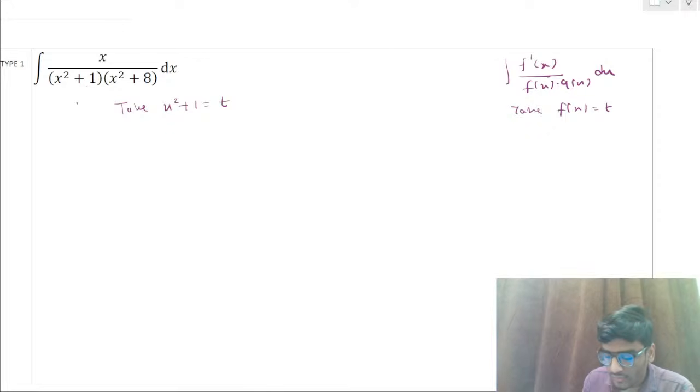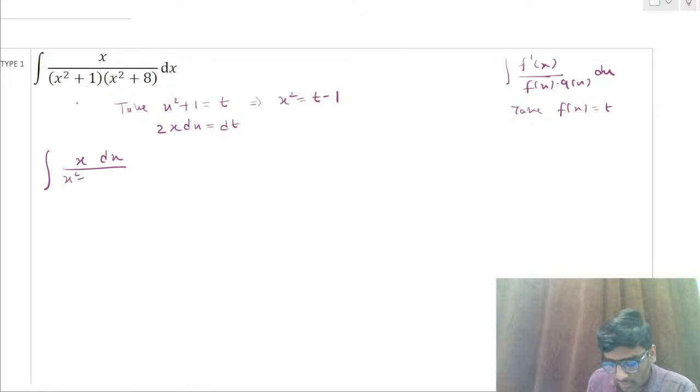Now when we differentiate, x square will be t minus 1, and differentiating x square plus 1 equal to t, we get 2x dx equal to dt. Now the integral becomes x dx upon (x square plus 1)(x square plus 8).